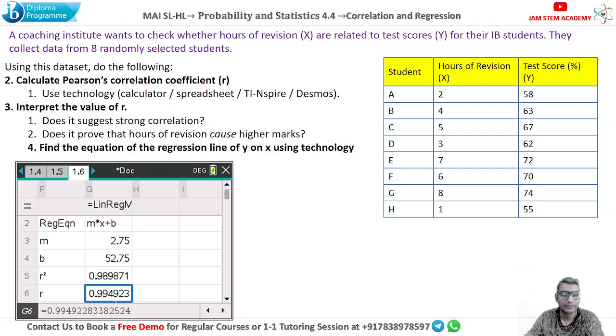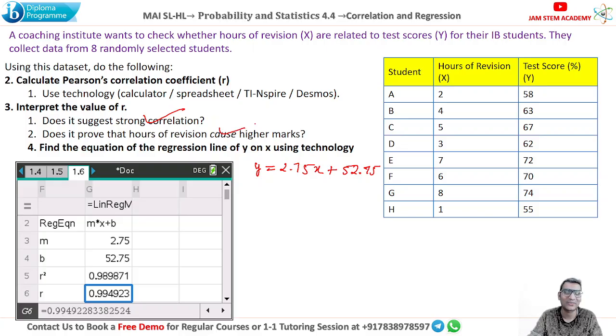So we got the answer for the r value. Now find the equation of the linear regression. We already got that one as well: y equals 2.75x plus 52.75 is my equation of linear regression. There is a strong correlation, yes.